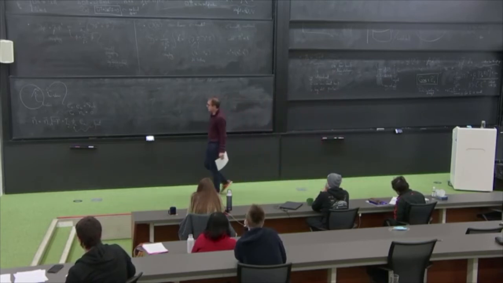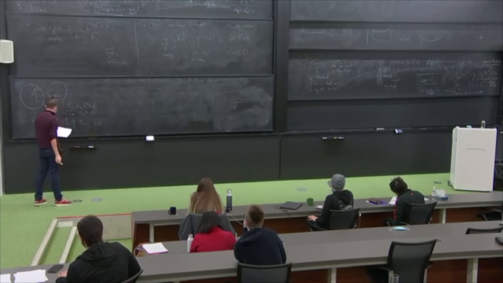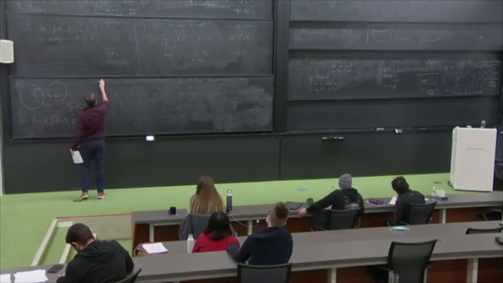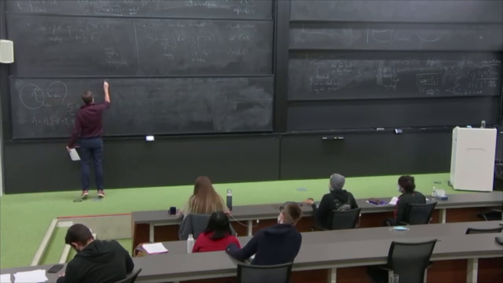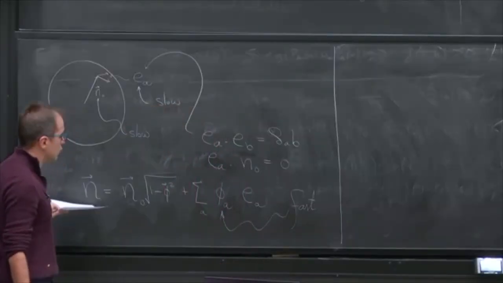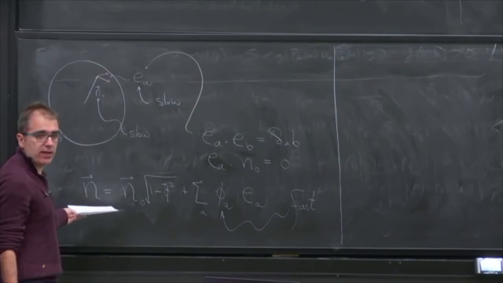Good. So then we have this condition here. Now, let's write a few simple equations. The goal is to plug this n into our action. Now the next step is plug this n into the action.